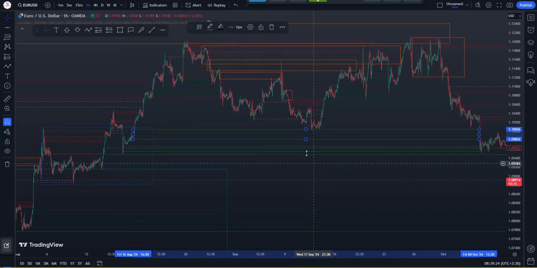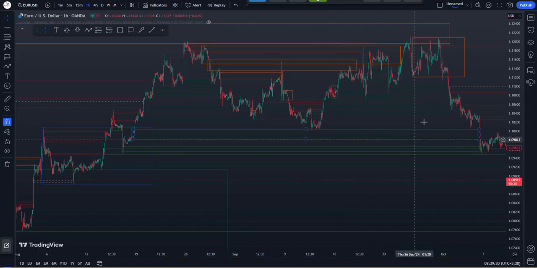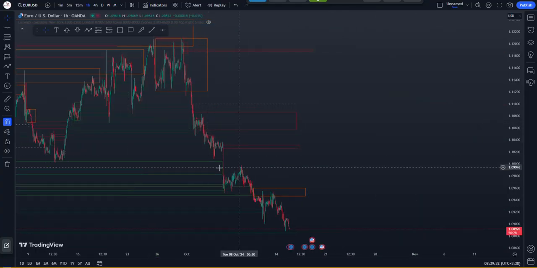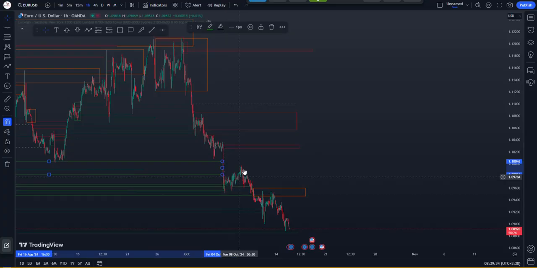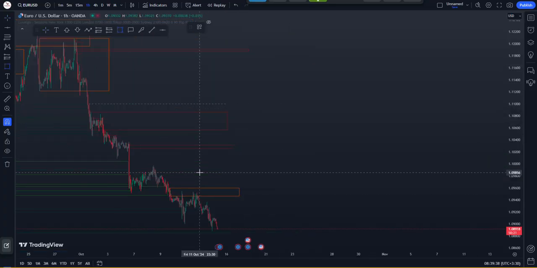So the engulf of this one must come back to engulf, actually swap of this one, swap of this level makes that one. Let's draw that.